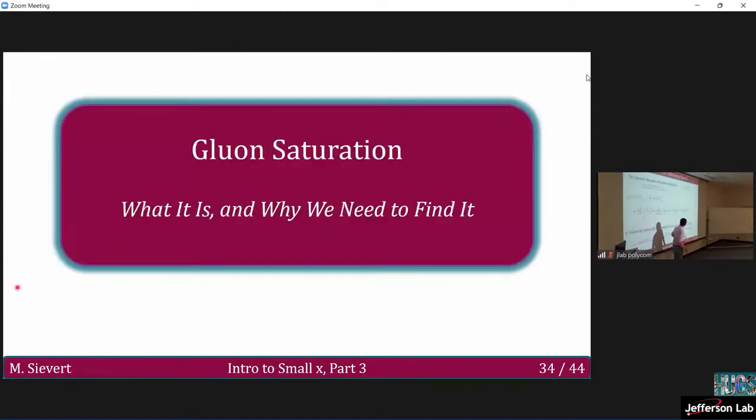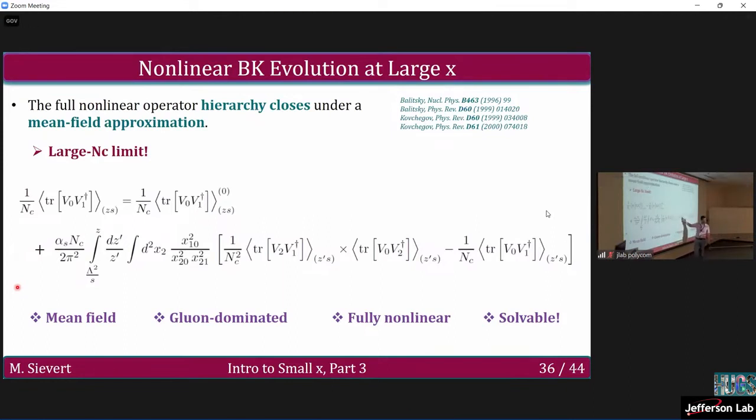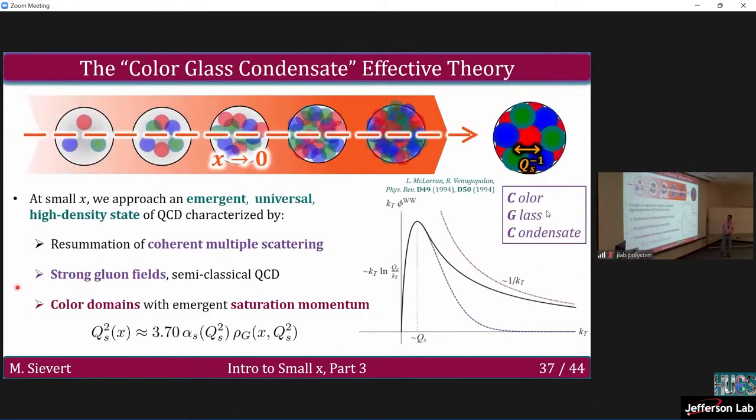That's what the large NC limit does for us. I said before that the large NC limit simplifies the color structure. Indeed, it does. It makes the diagrams plainer. It suppresses gluon-mediated correlations between one dipole and another dipole. So you end up with an independent product of two dipole amplitudes. This is now a more complicated equation, but it can actually be solved. This is one differential equation, not infinity differential equations.